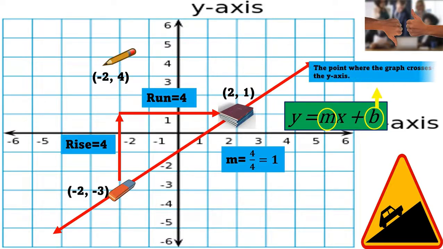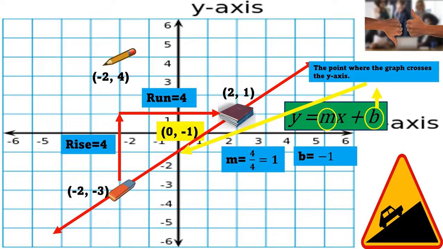Remember, the y-intercept is the point where the graph crosses the y-axis. In this case, our y-intercept is the point whose coordinates are (0, negative 1). And so, the value of b is negative 1.